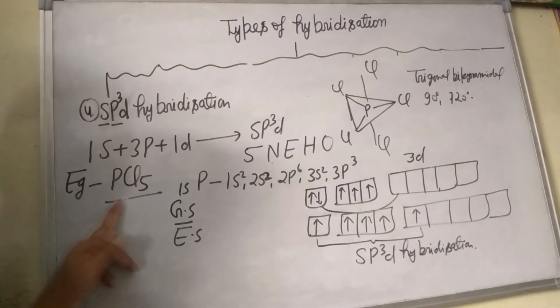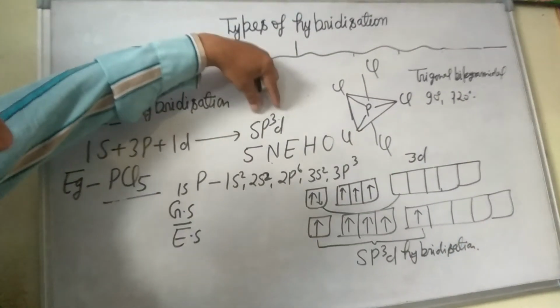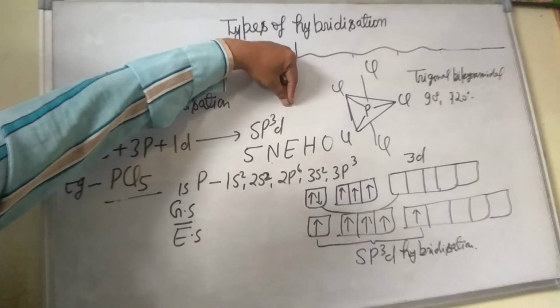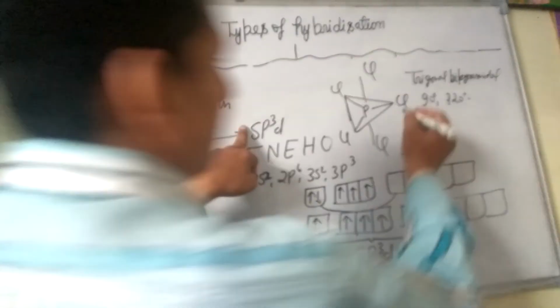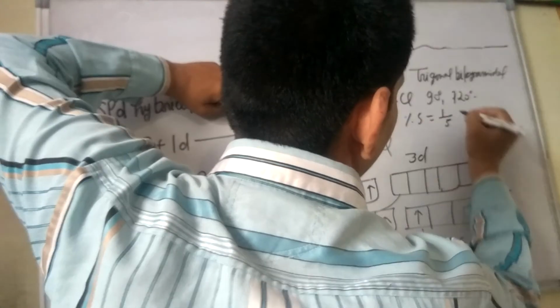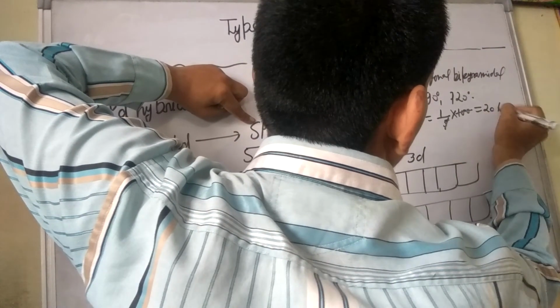After this, percentage S character is 1s upon total 5 into 100, we get 20%.